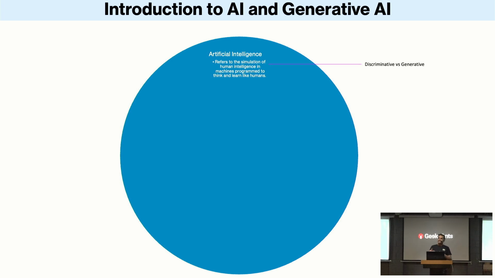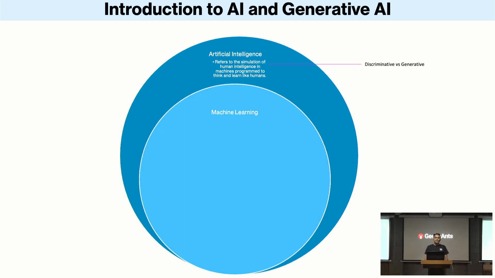What does discriminative AI do? It says, hey, this is a cat, this is a dog, this is a white cat, this is a black dog, etc. It discriminates whatever information it is given and predicts information out of it. With generative AI, we say, generate me a cyan colored cat. Nobody will find a cyan colored cat, so that's the kind of thing generative AI can do.